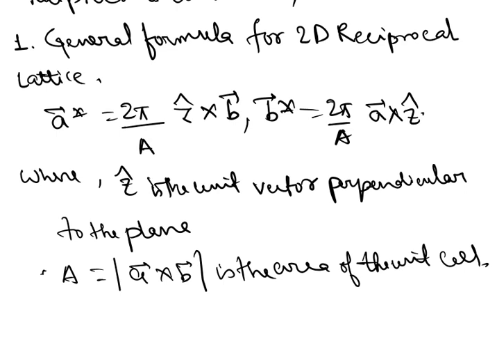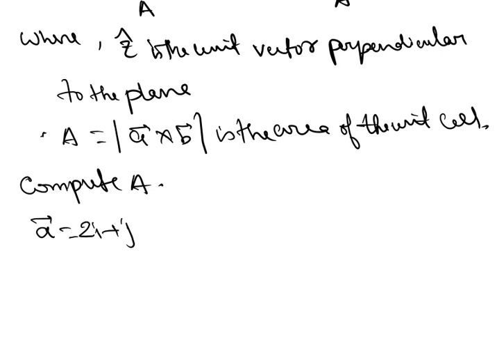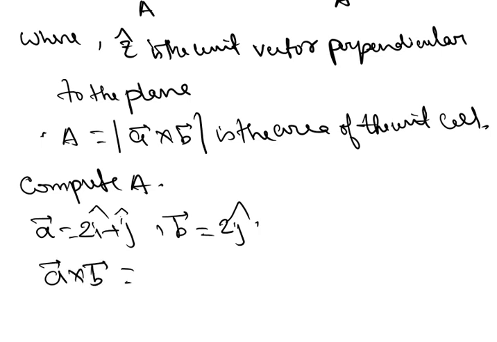So we'll compute A. Small a is given as 2i + j and b is given as 2j. So we have a cross b = (2i cap + j cap) cross 2j cap.